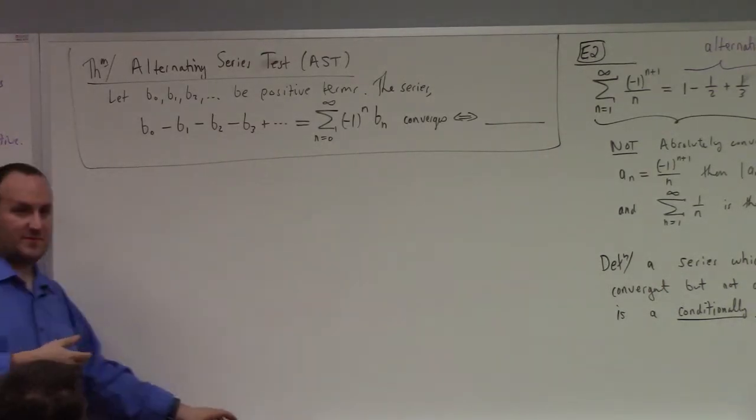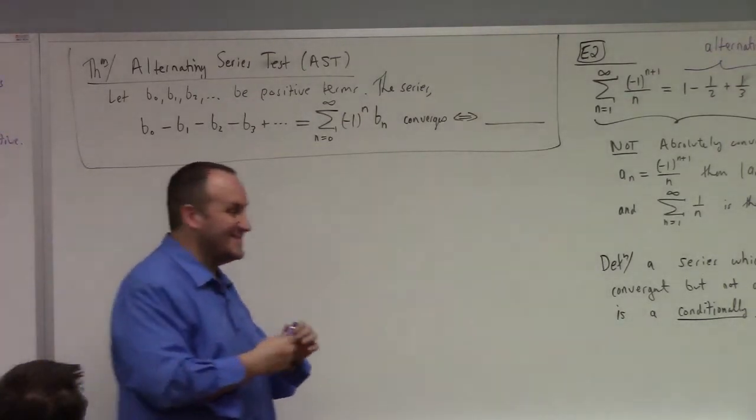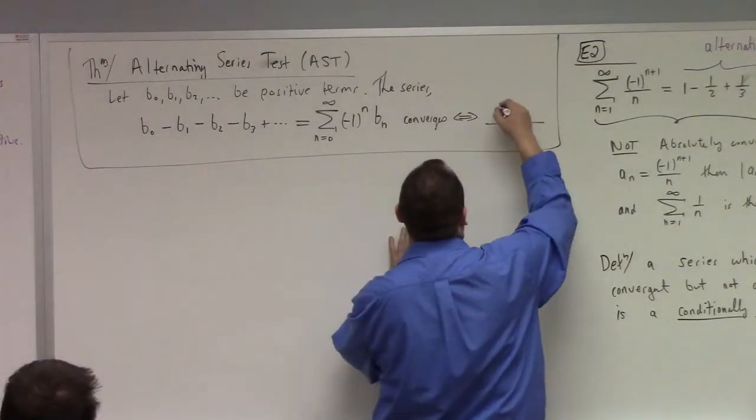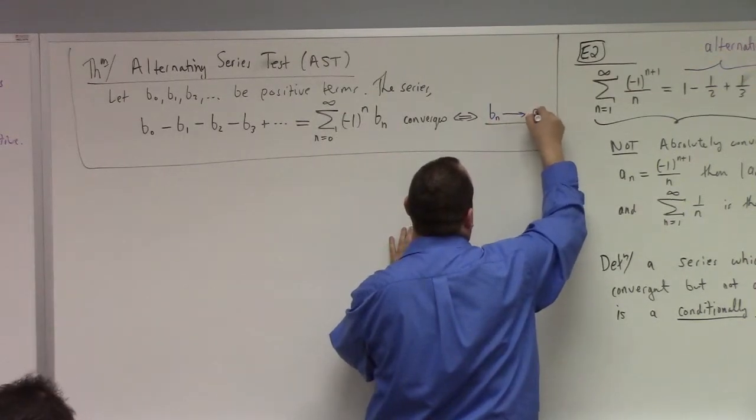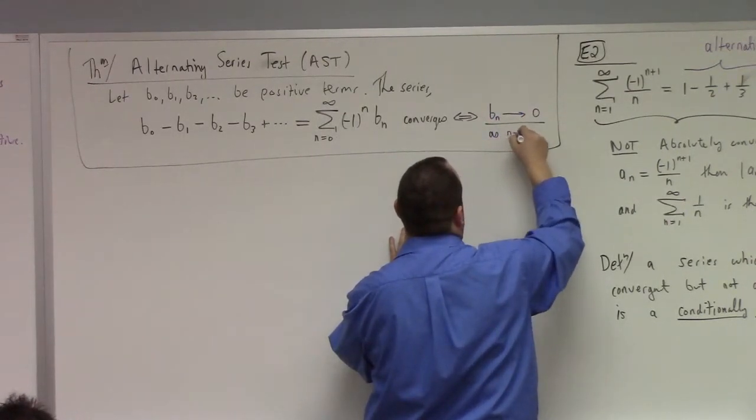It's shockingly simple, but all that's required is that b sub n goes to 0 as n goes to infinity.